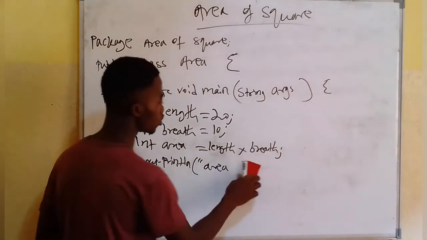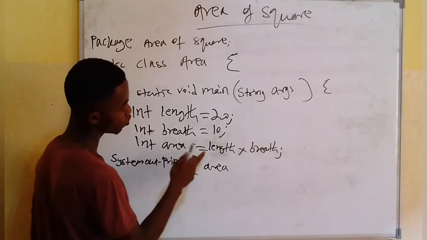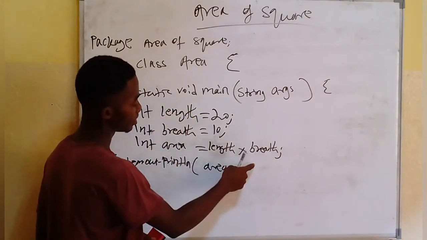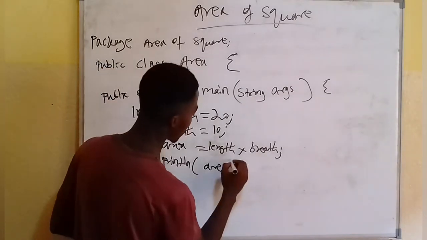So in that case, do not use double quotes. Just write area, because area holds these two variables, length times breadth.